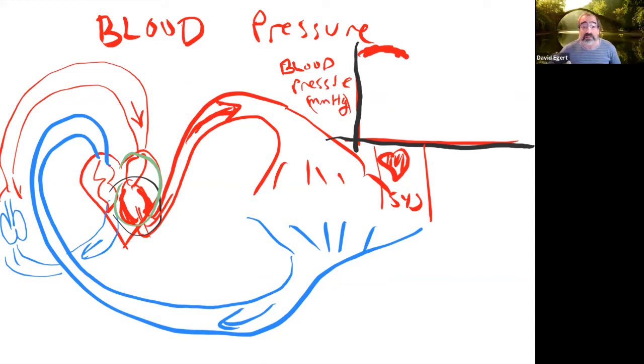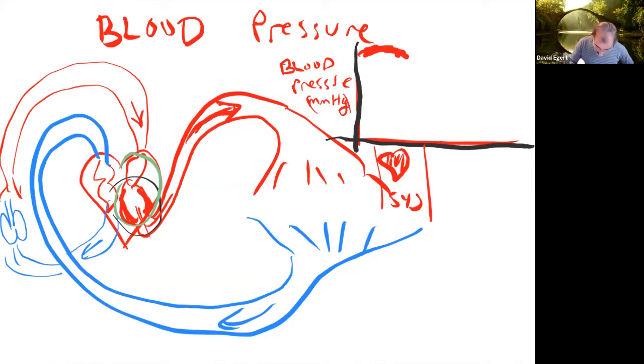So what we need to talk about is what is happening to your blood pressure during diastole. And what's happening is it still is going on, but now instead of being driven by the squeezing of the ventricles, it's actually going to be driven by the elasticity of these large arteries leaving the heart.